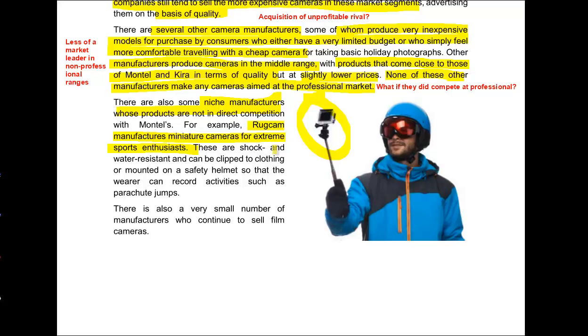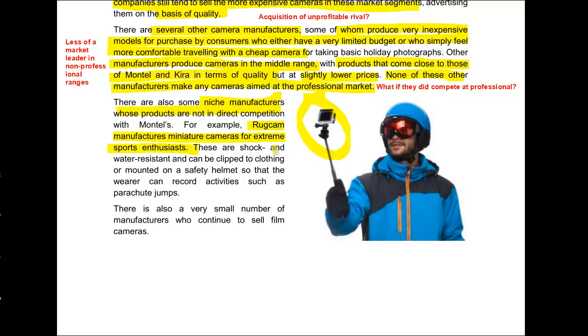So maybe this is the creative peak of high quality cameras. Perhaps you can't push that kind of thing further, but importantly, when we see this mention of RugCam or GoPro, in real terms, these might be an acquisition target because they're not directly affected by the same sort of issues smartphones have in regards to decimating maybe the mid to low range of cameras, because you can't attach your smartphone to a surfboard and have it survive and take good footage.